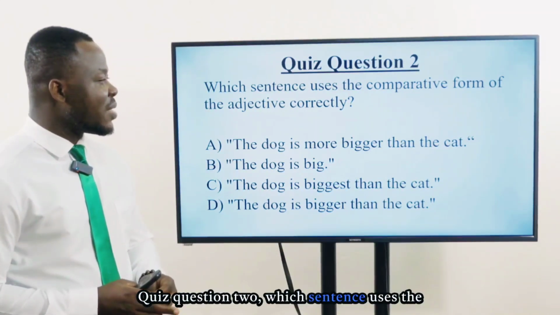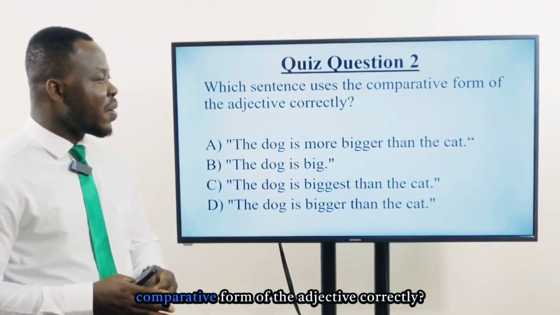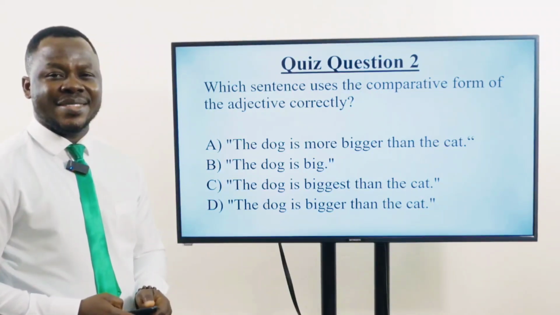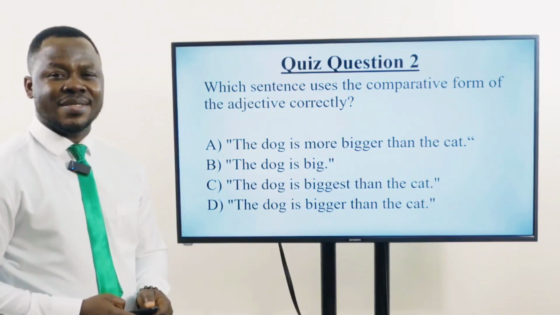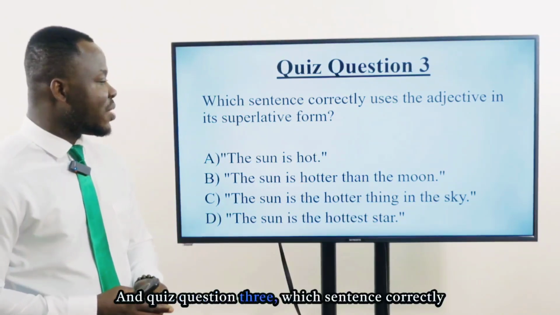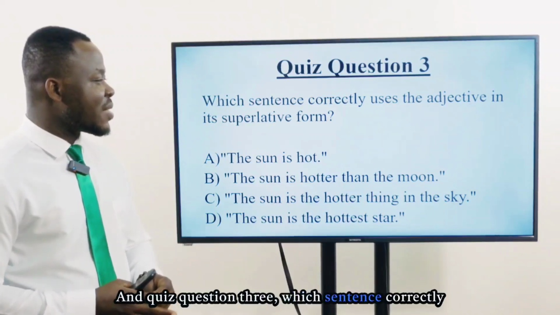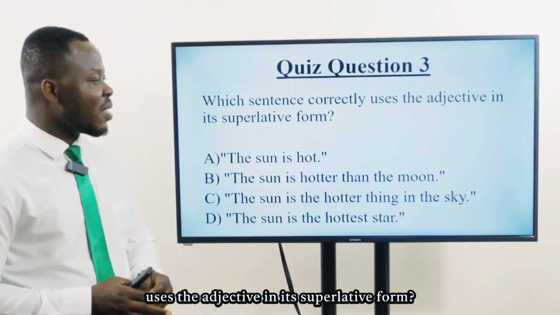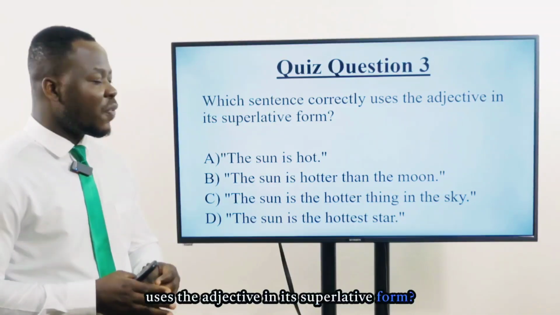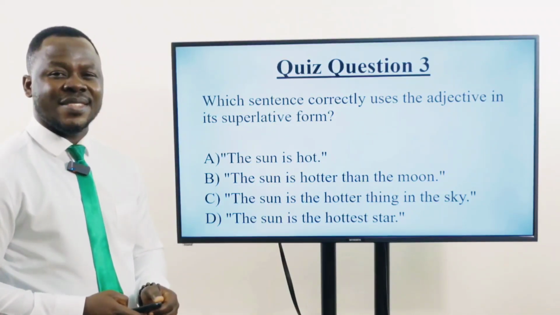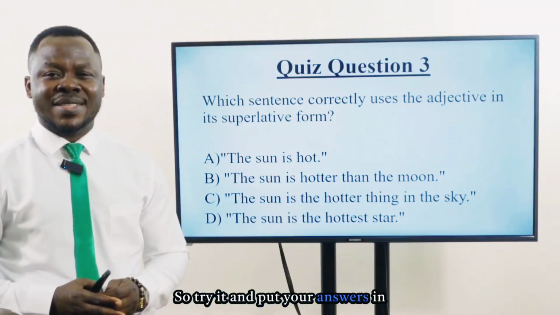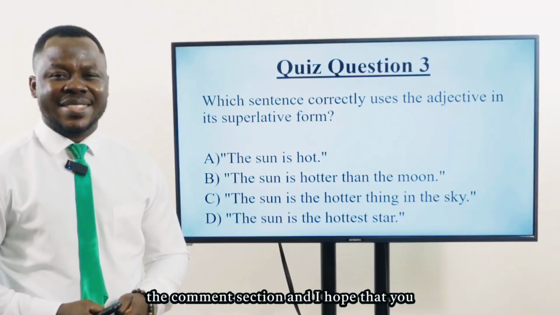Which sentence uses the comparative form of the adjective correctly? And quiz question 3. Which sentence correctly uses the adjective in its superlative form? So try it and put your answers in the comment section.